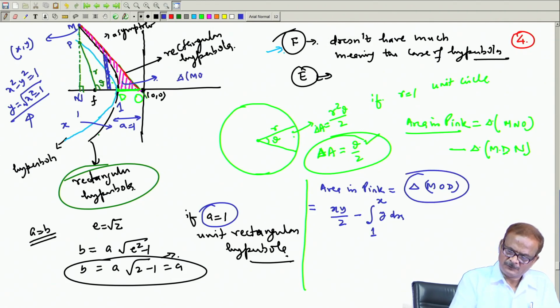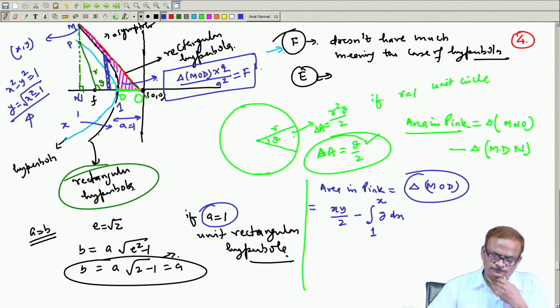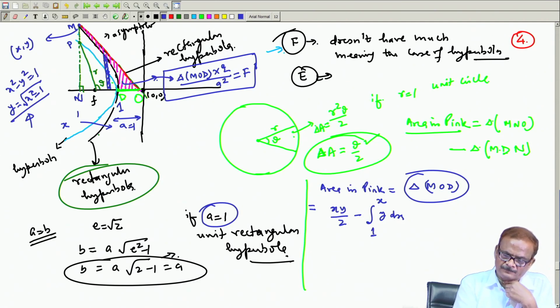So, delta MOD, this is the area times 2 divided by A square, this is defined as F. So, this is the pink area multiplied by 2 divided by A square equal to F. In the case A equal to 1, we have F equal to 2 times delta MOD.